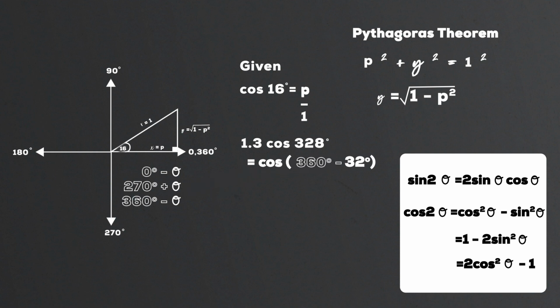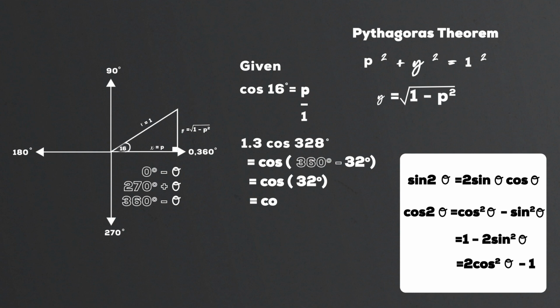Remembering that 360 minus is just a quadrant, it means nothing. It is telling us that cosine is positive in the fourth quadrant. Therefore, we ignore 360 minus and write 32.